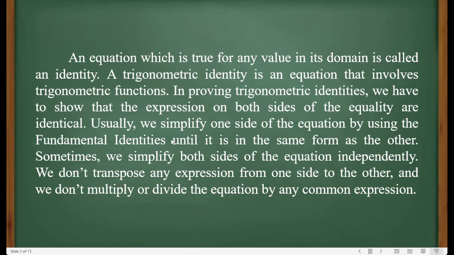Usually, we simplify one side of the equation by using the fundamental identities until it is in the same form as the other. Sometimes, we simplify both sides of the equation independently. We don't transpose any expression from one side to the other, and we don't multiply or divide the equation by any common expression.